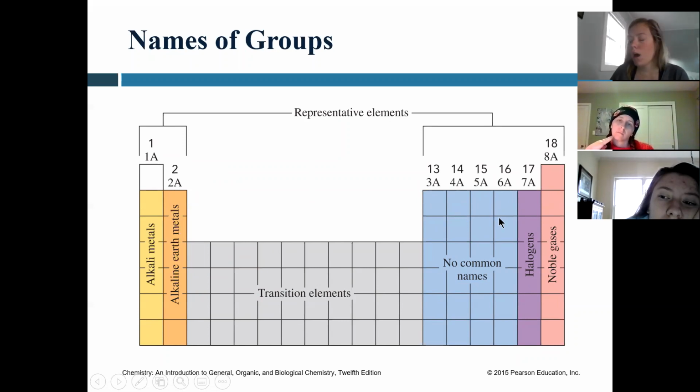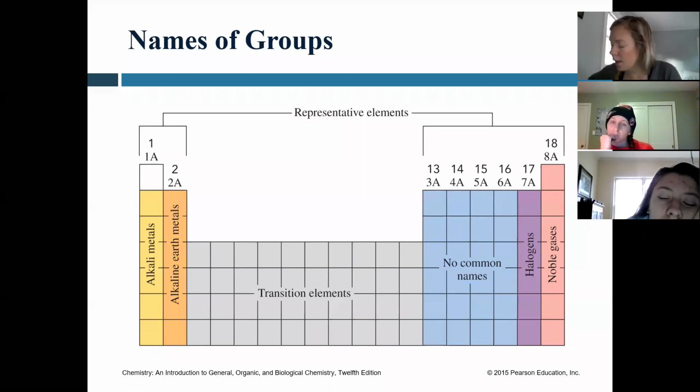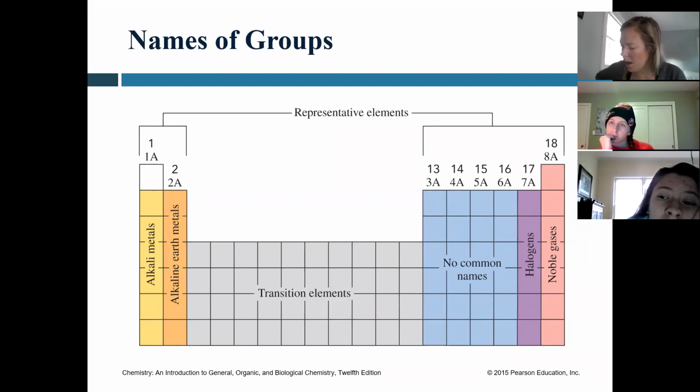We don't use them a whole lot. It looks like the periodic table in your lab manual does have the names of those. If yours doesn't, write them down, because you will want to know, like, if I ask for a halogen that starts with B, you could say, oh, bromine. So have that around.